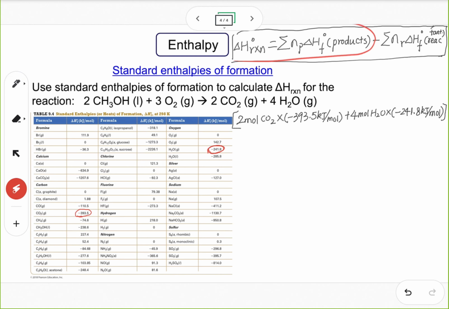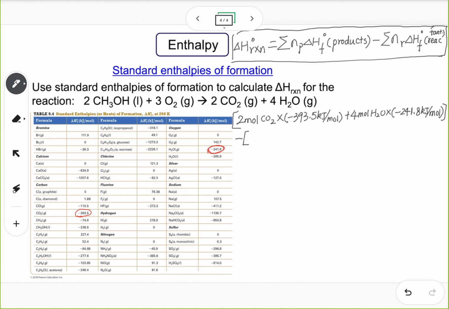We finished this. Now the second part would be about the reactants. Of course, between the two parts, it's minus. Okay, minus. Now the two reactants. First one, methanol.